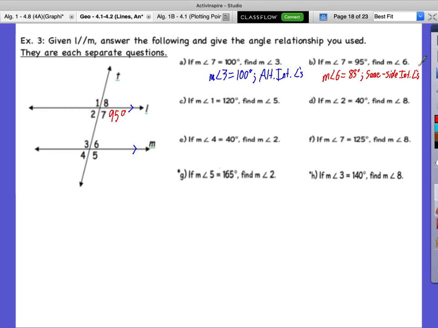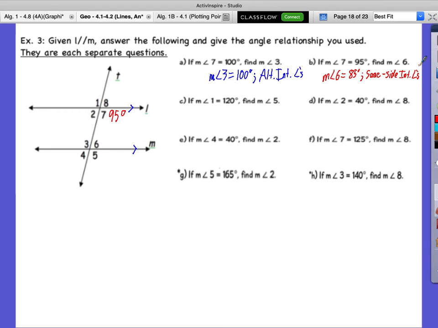Go back to what's on the inside. You need to get close to 7 or 2, right? So what's congruent? Alternate interior? What corresponds?